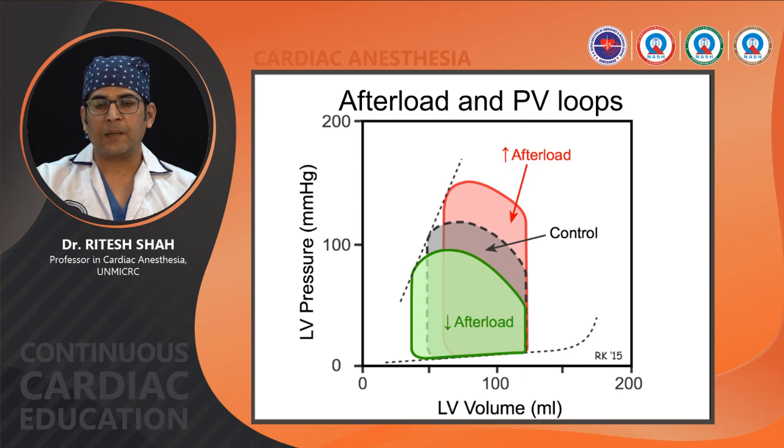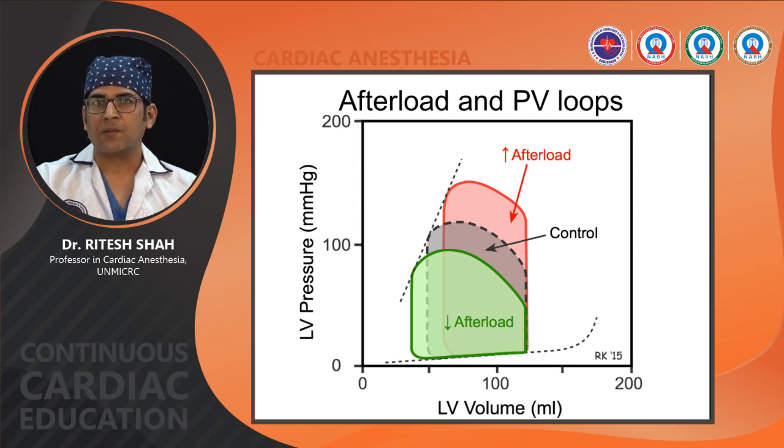So ejection begins at higher LV pressure and also stops at higher LV end systolic pressure. As LV end systolic pressure increases, end systolic volume also gets increased. And because LV end systolic volume increases, the difference between end diastolic volume and end systolic volume is reduced. Therefore, stroke volume is reduced.